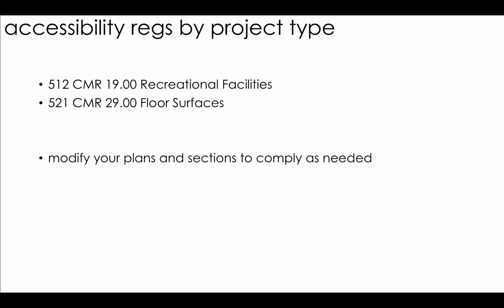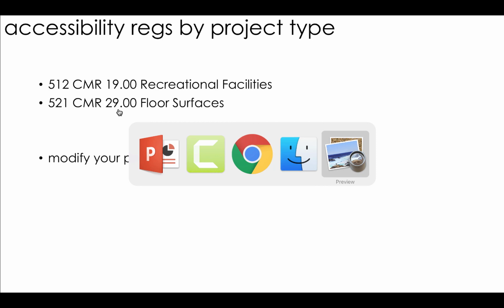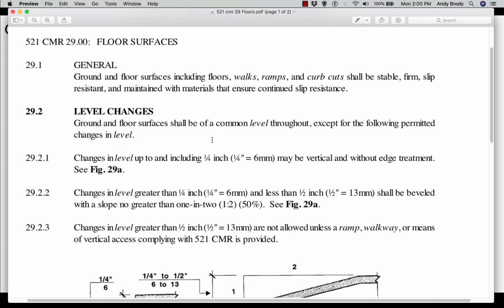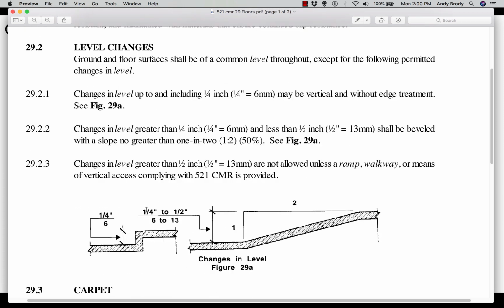So let's take a look at some of these regulations here. I think I have some of them open. Oh yeah, there we go. So floor surfaces, I'll just zoom in on this a little bit. You can see there's all sorts of things that describe dimensional constraints, or you can just skip straight to the pictures if that's what you prefer.